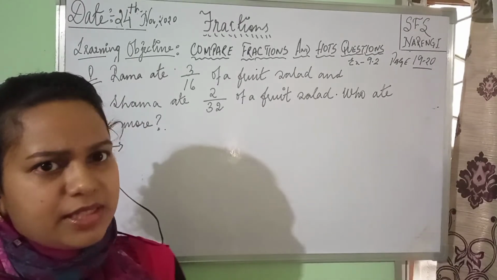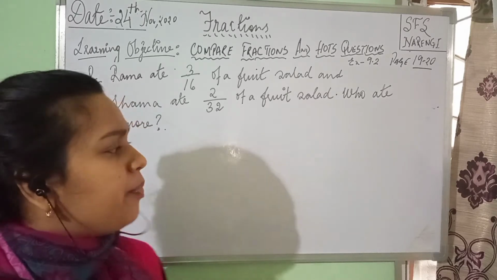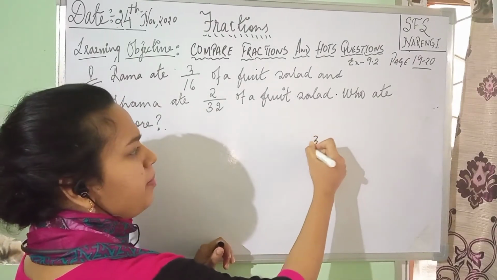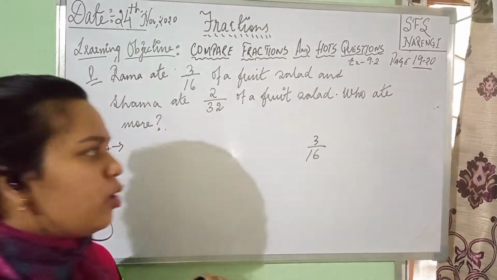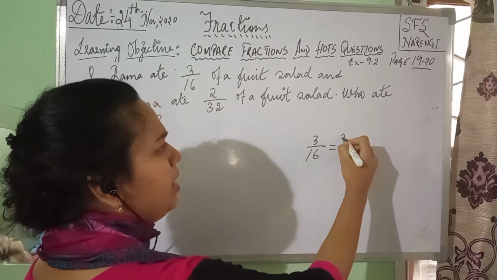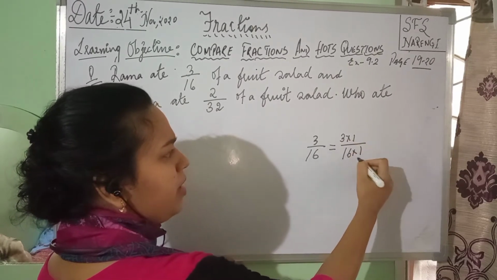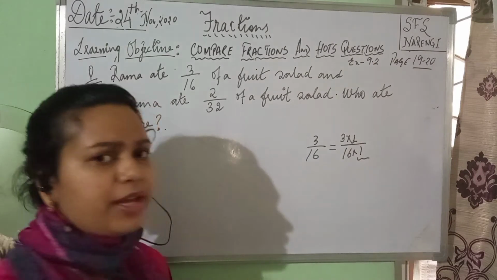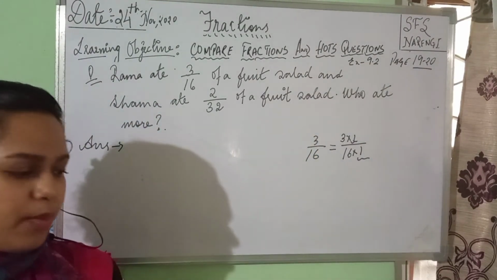What does it mean? When I write 3/16, they do not have any common factor besides 1. They can only be written as 3 multiplied by 1 and 16 multiplied by 1. And as such, 3/16 is already in the lowest form of the fraction.